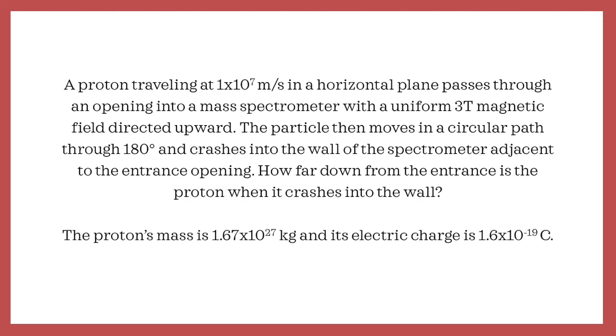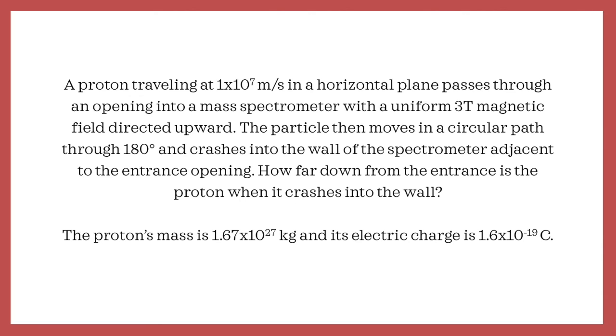A sample problem is as follows. A proton traveling at 1 × 10^7 meters per second in a horizontal plane passes through an opening into a mass spectrometer with a uniform 3 Tesla magnetic field directed upward.